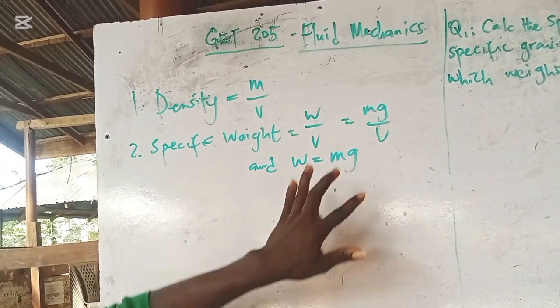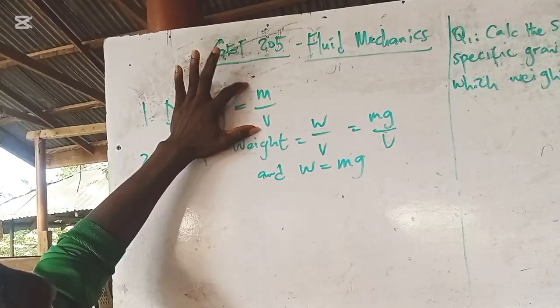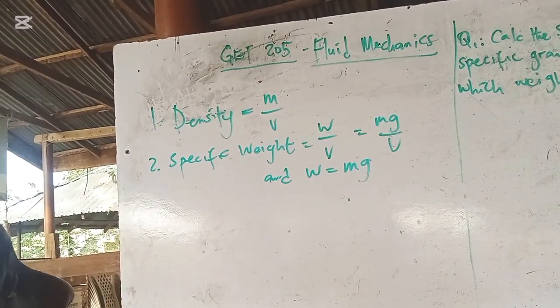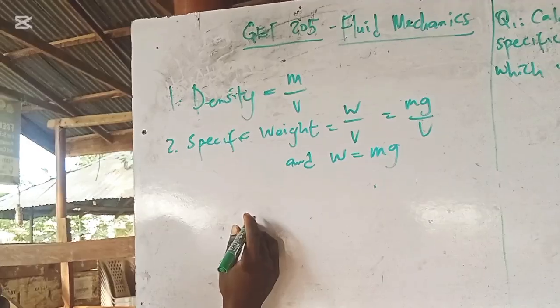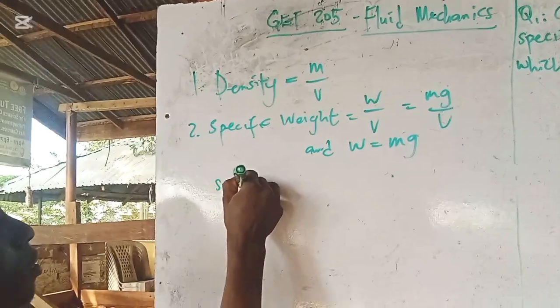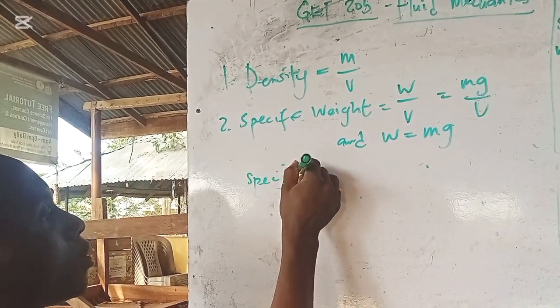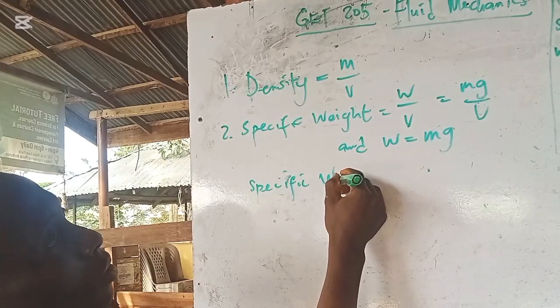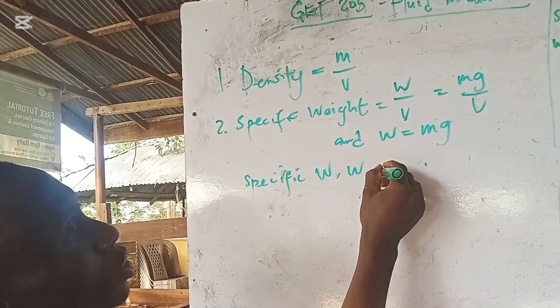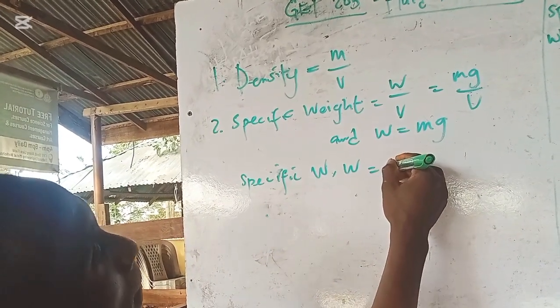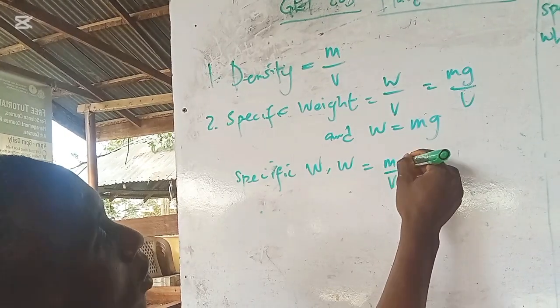You can agree with me that you can also pick your density from here because you already have m over V here. So you can also say that specific weight w is equal to m over V, then g.